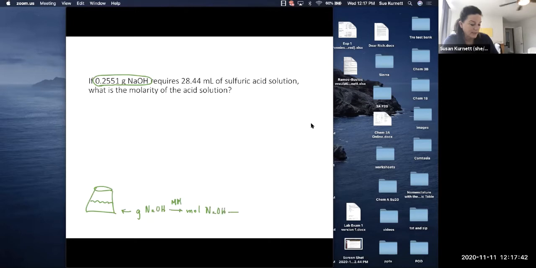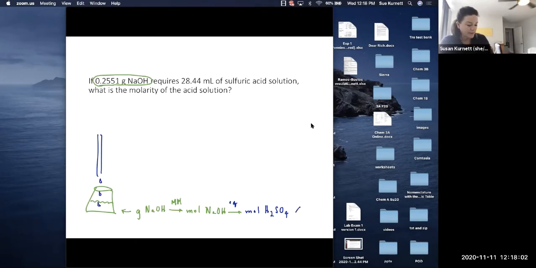If we have a balanced chemical equation, and we do, we can get from moles of base to moles of acid. And so in the burette, we would have the acid, and it would drop in, drop by drop, until the pink just went away.